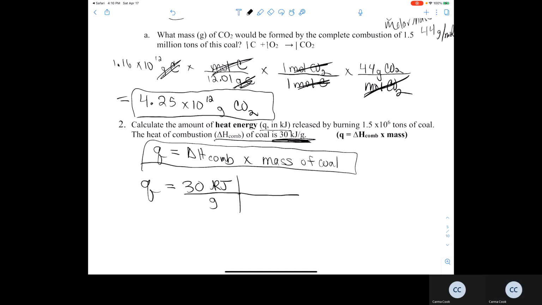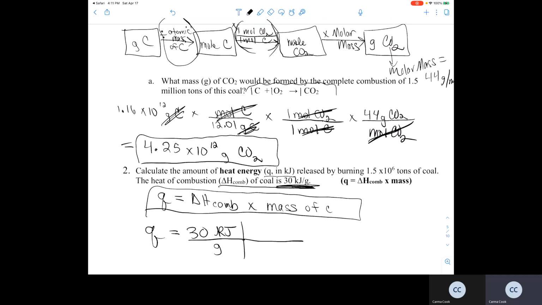I'm sorry, it's not the mass of coal, it's the carbon in the coal that's actually combusting in our combustion reaction. So we need the mass of carbon, not the mass of coal. It's the carbon that's reacting with the oxygen.